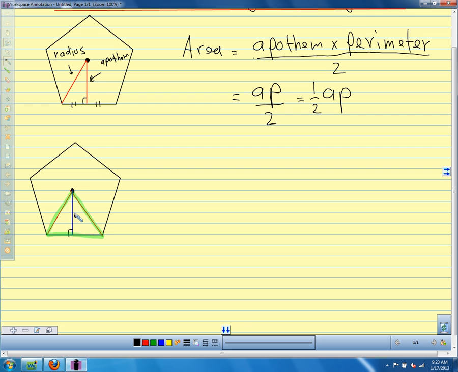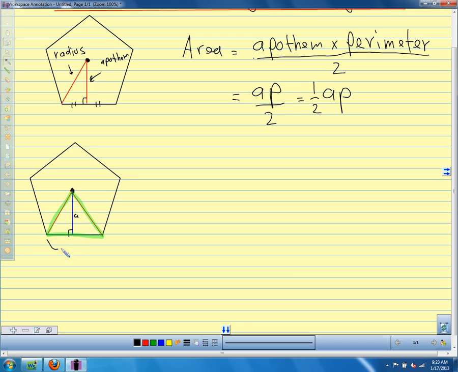What segment goes at a 90-degree angle from one side to the opposite vertex? What do we call that? What do we find using that segment? The height. There we go. So this is the height of the triangle. So the apothem is the height of the triangle.